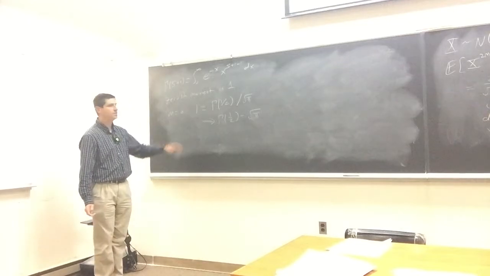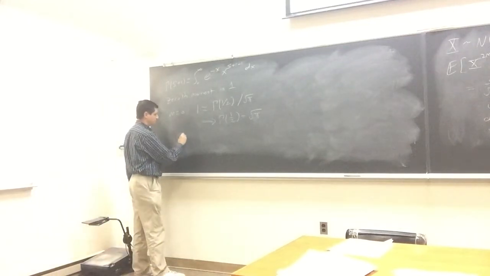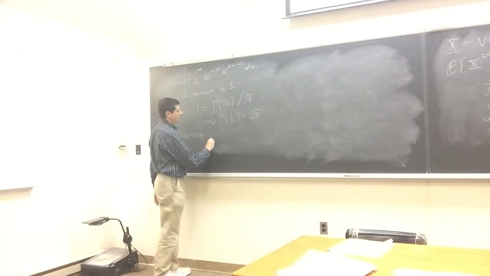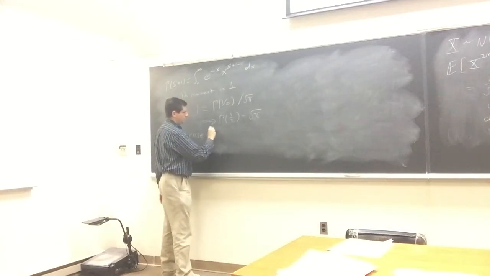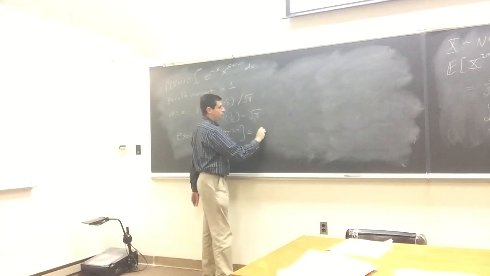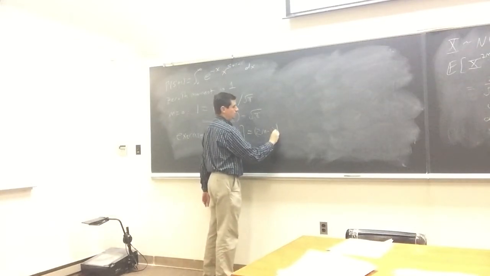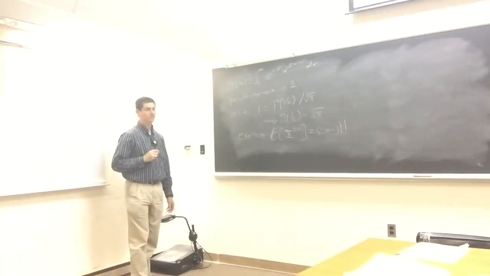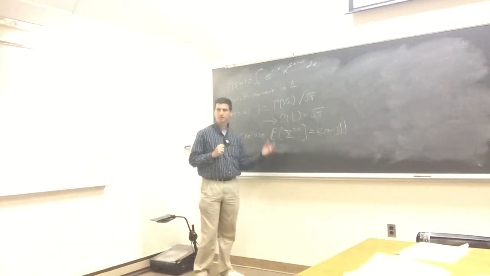So if you now want to calculate the other moments, a really good exercise is show the expected value of x to the 2m is 2m minus 1 double factorial. So there's a lot of great stuff you can do here. I'll put some additional comments on stuff related to this.